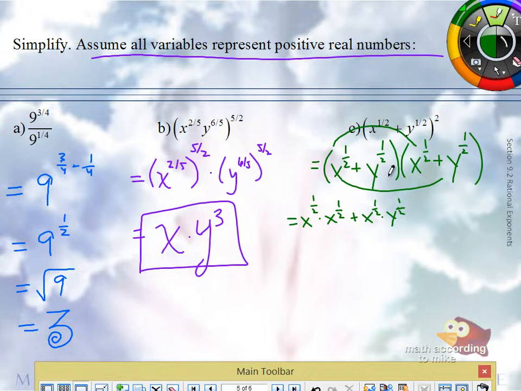What does inner give you? Times x to the 1/2. I'm going to put it in alphabetical order, but that's correct. Plus last, y to the 1/2 times y to the 1/2.